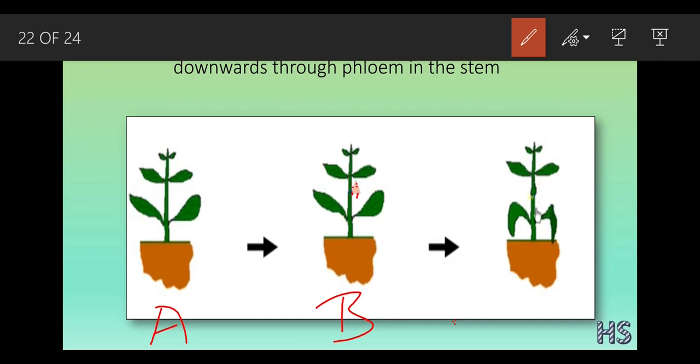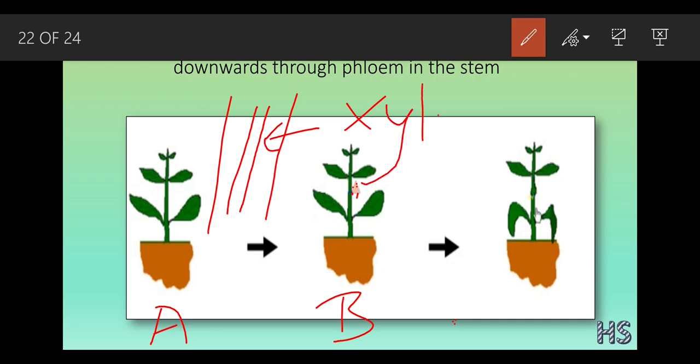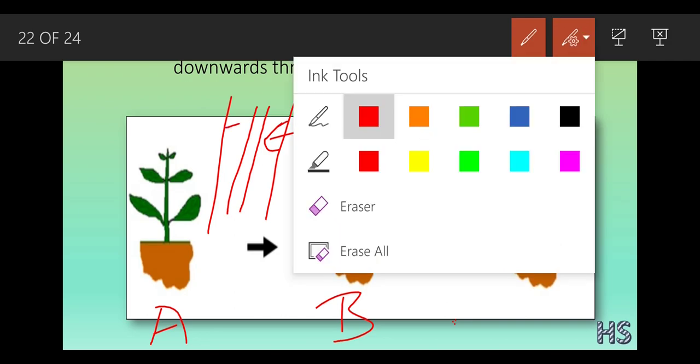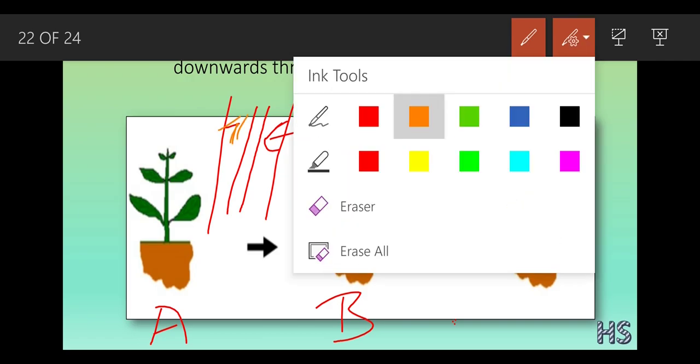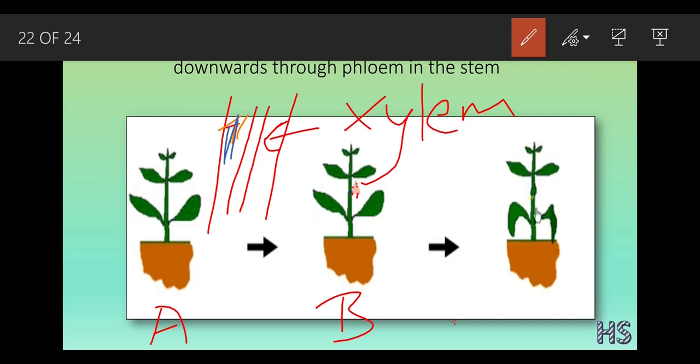Where is phloem present in the plant? See, suppose I am going to draw a stem diagram and draw a line out here. This central part is xylem, and this area, which is bluish in nature, is called phloem.